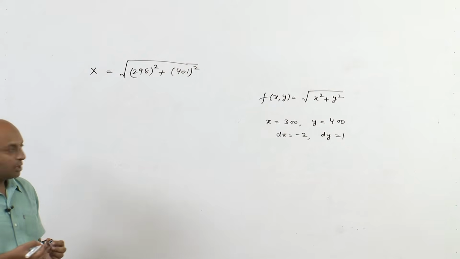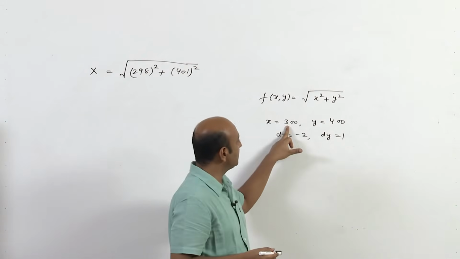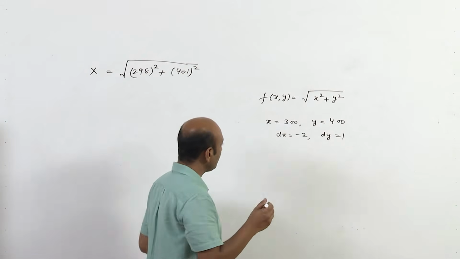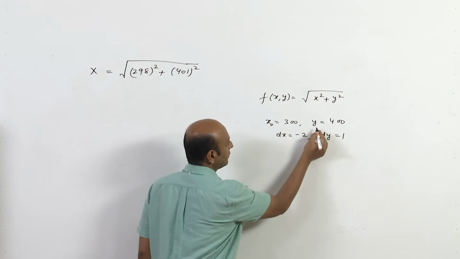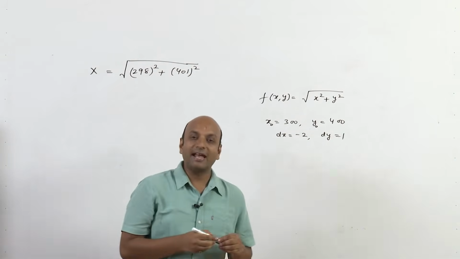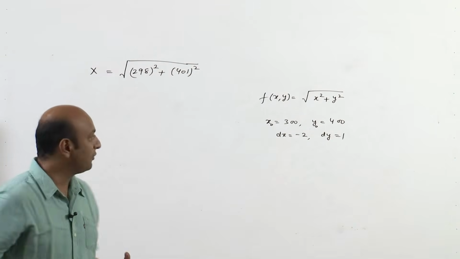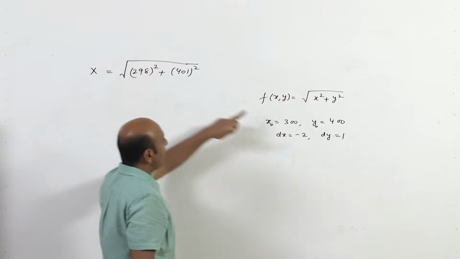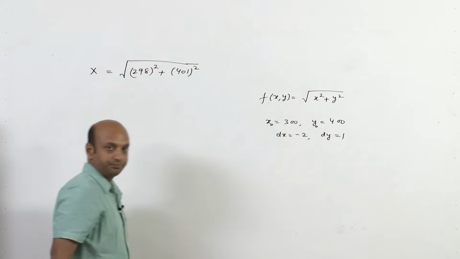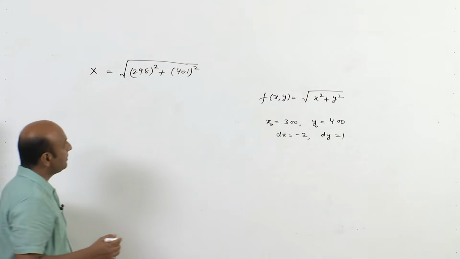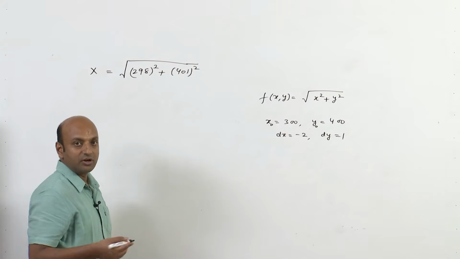Basically we start from this point, which is x naught, y naught, and x naught plus dx will be this point and y naught plus dy will be this point. So, what will be the approximate change in the function value?